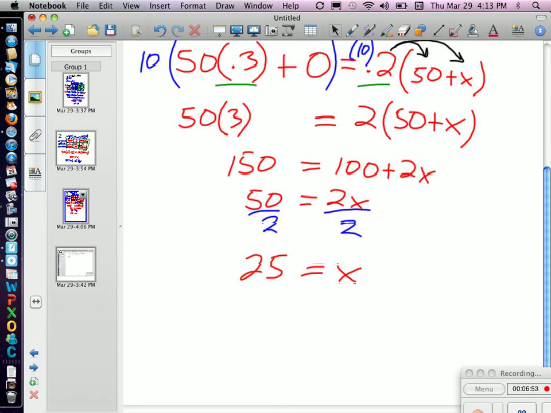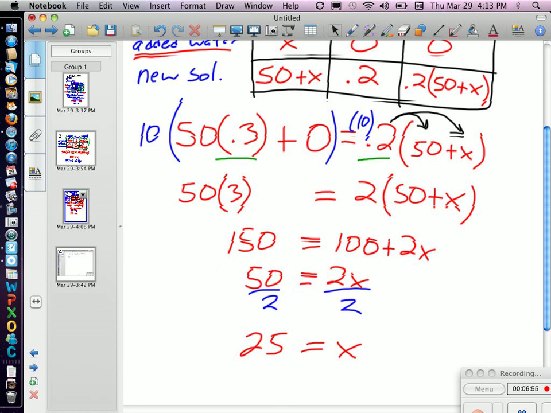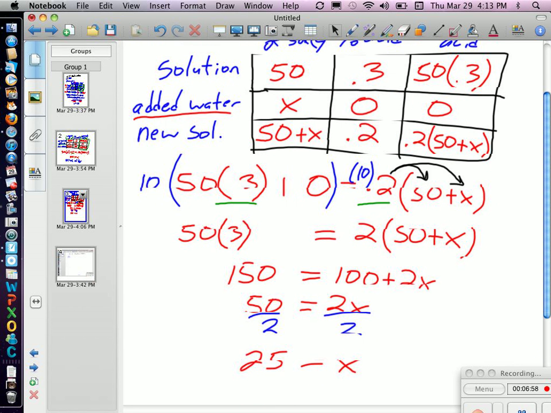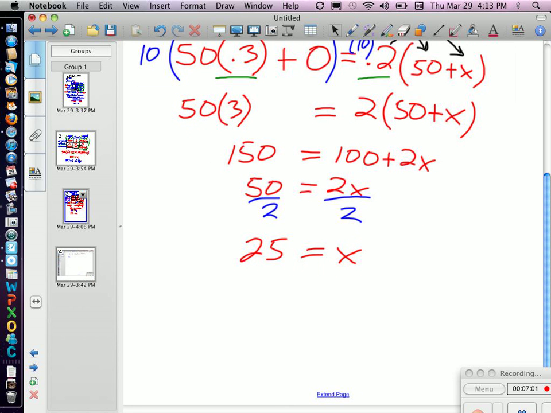I don't remember what x is, so I'm going to go up to my chart. Okay, x is added water. So we think we should add 25 liters of water. So let's double check. Yeah, so I'm going to add 25 liters of water. That's what I'm going to write down as my answer.